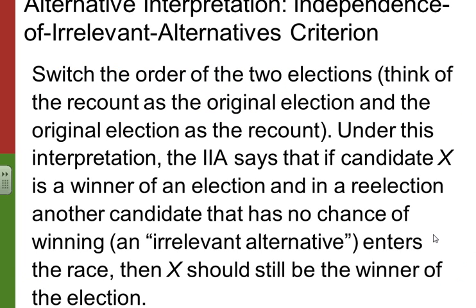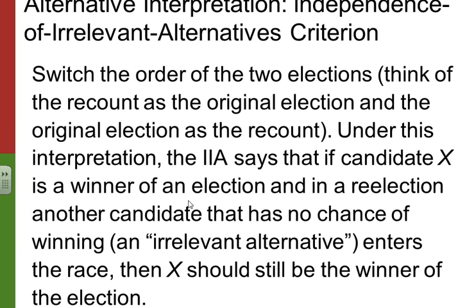I would hope so. That's why I drink Coke Zero, because it's obviously the winner. Switch the order of the 2 elections. Think of the recount as the original election and the original election as the recount.